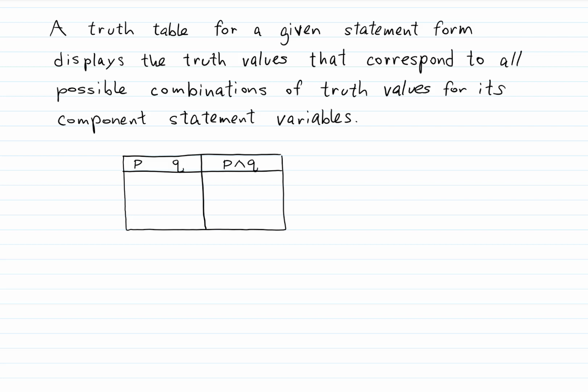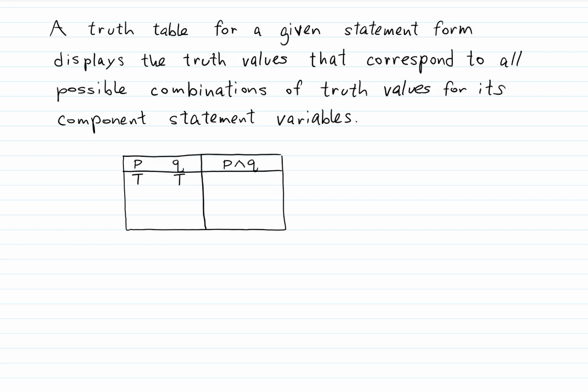P itself is neither true nor false. It could be either one depending upon what words you substitute in place of the letter P. Okay, and same with Q. So one possibility is I might put a true statement in place of the letter P and a true statement in the place of the letter Q. That's one possibility.